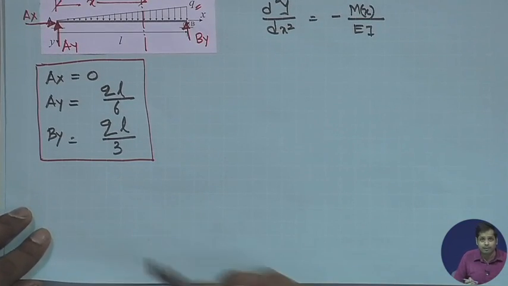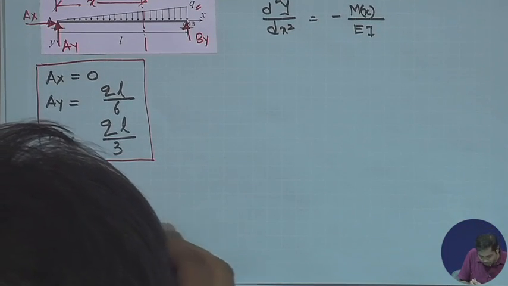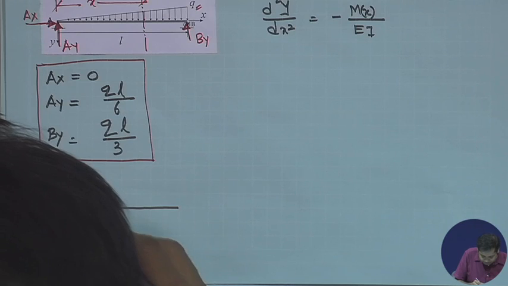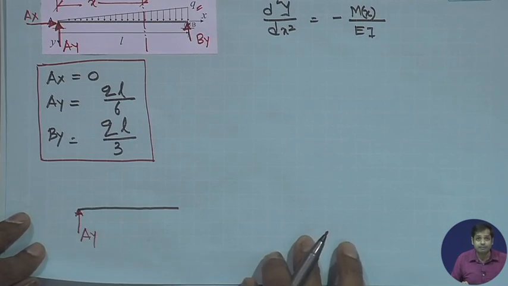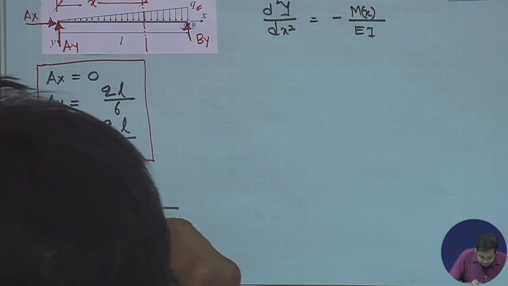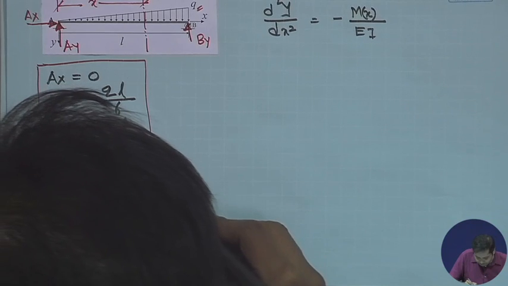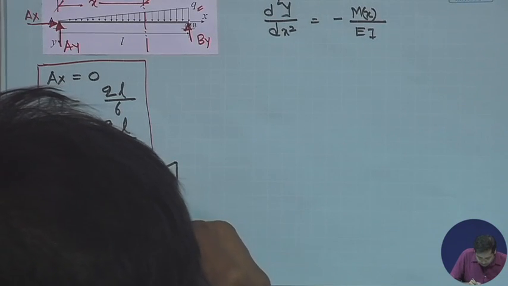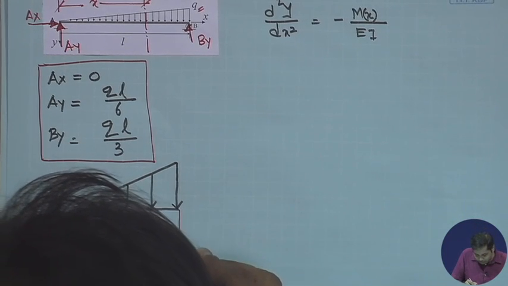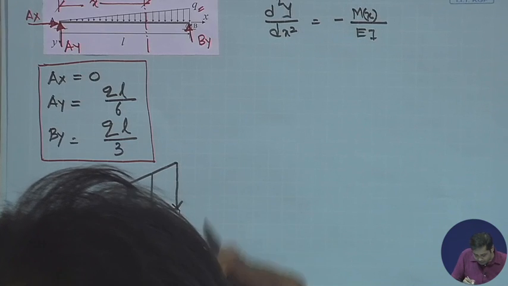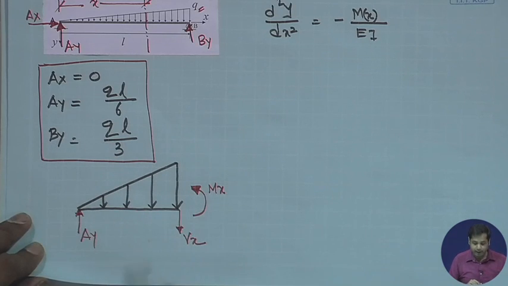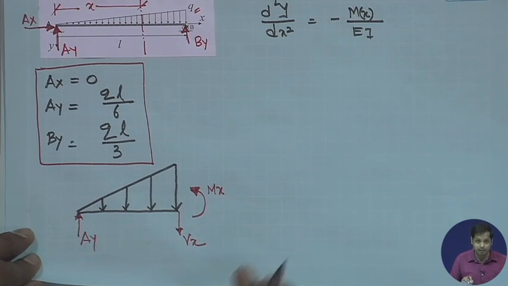The free body diagram will have Ay here, then the externally applied load, which is linearly varying, and then the shear force Vx and the moment Mx. Ax and Fx are not shown here because they are 0.